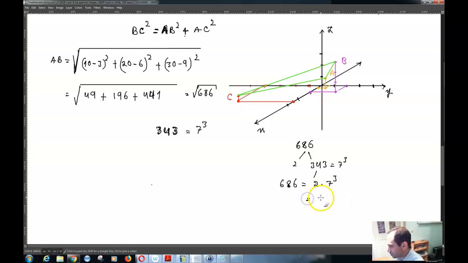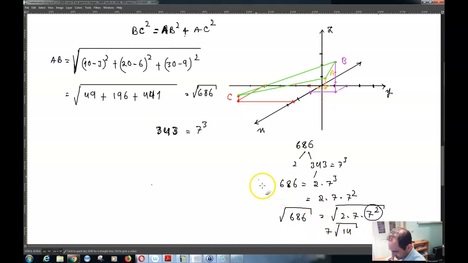So then I can write this as 2 times 7 squared, and the square root of 686 I can write as the square root of 2 times 7 squared. Now I can take this out and write it as 7 square root of 14. And that's basically this number over here, 7 square root of 14.